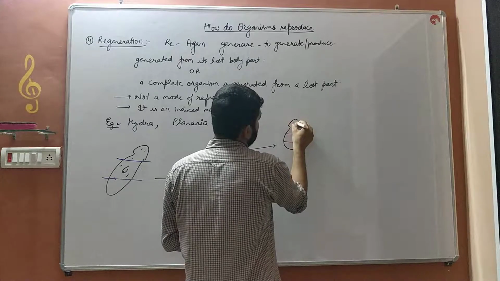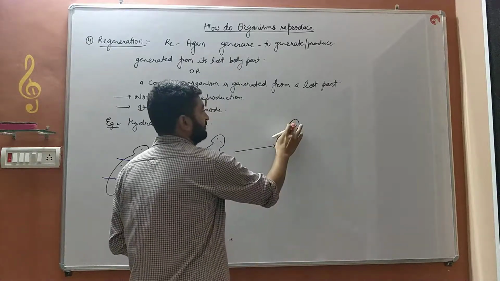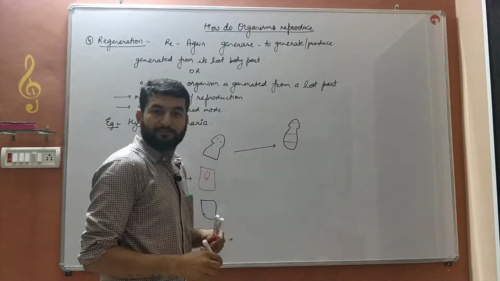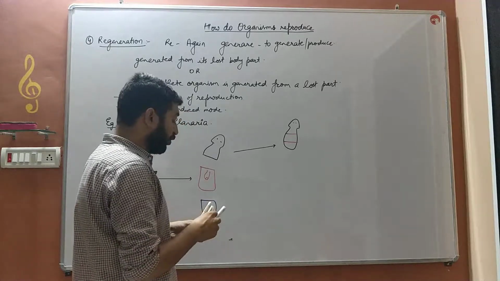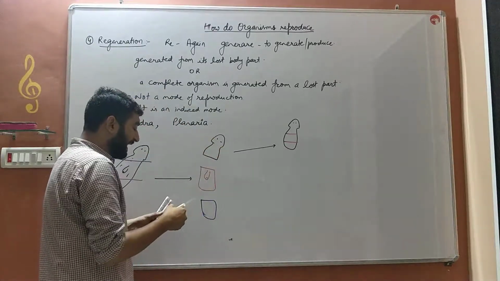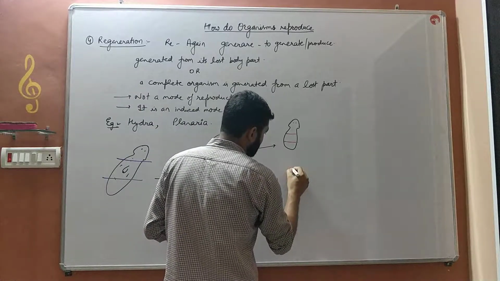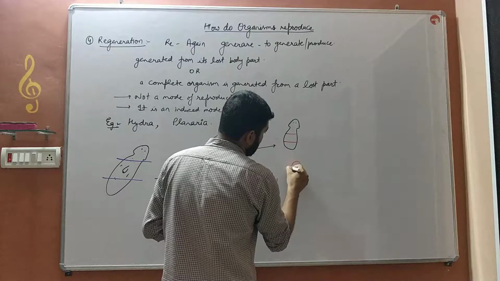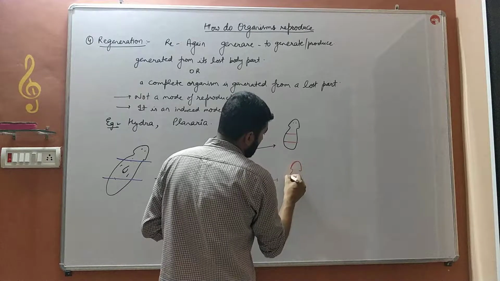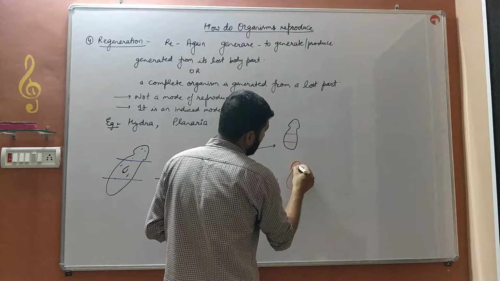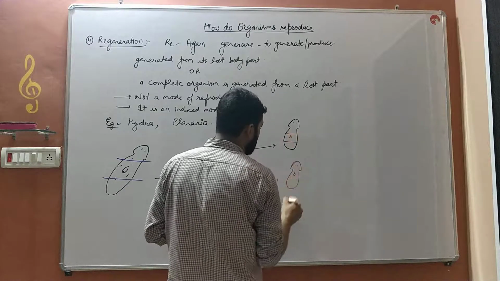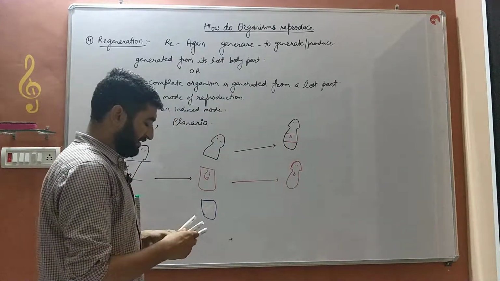Bache, the middle portion grows the upper part and the lower part and gives rise to a young planaria. What will happen, bache, is that all three parts into which the planaria was divided will regenerate, and they will give rise to a young planaria.